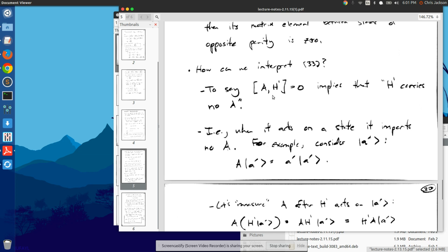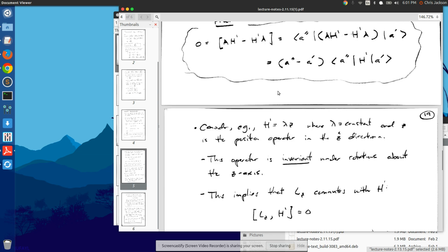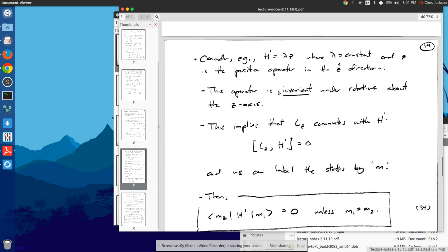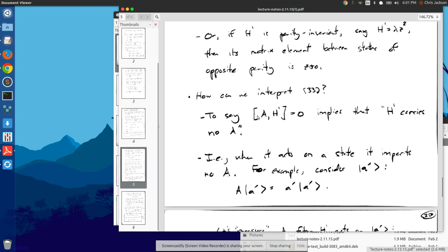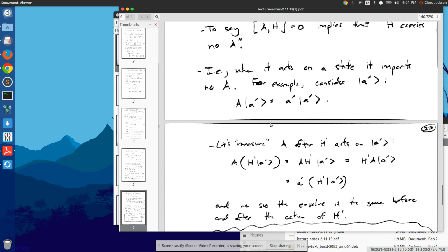In the case above, H1 was proportional to z, and we saw that it commuted with the angular momentum operator Lz, so we would say that H1 doesn't carry any Lz. It's just a way of saying things, even though it might be confusing, and I'm probably making it more confusing.